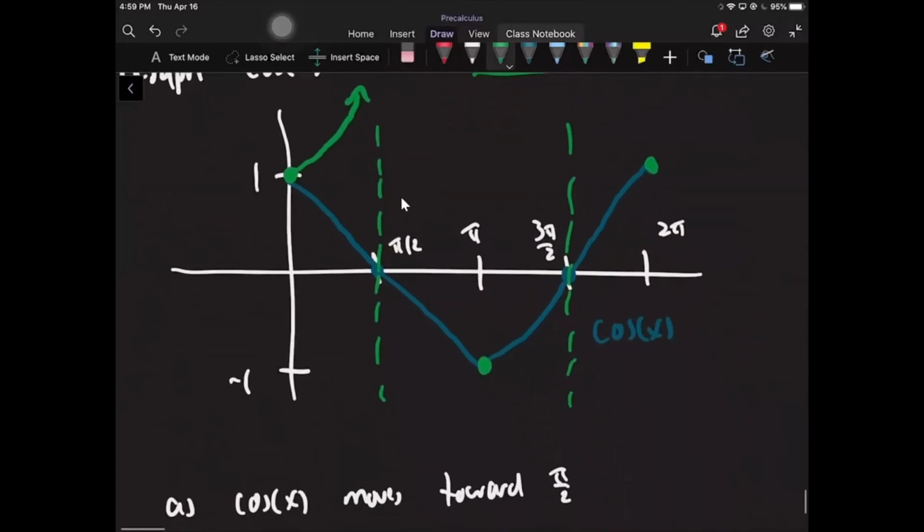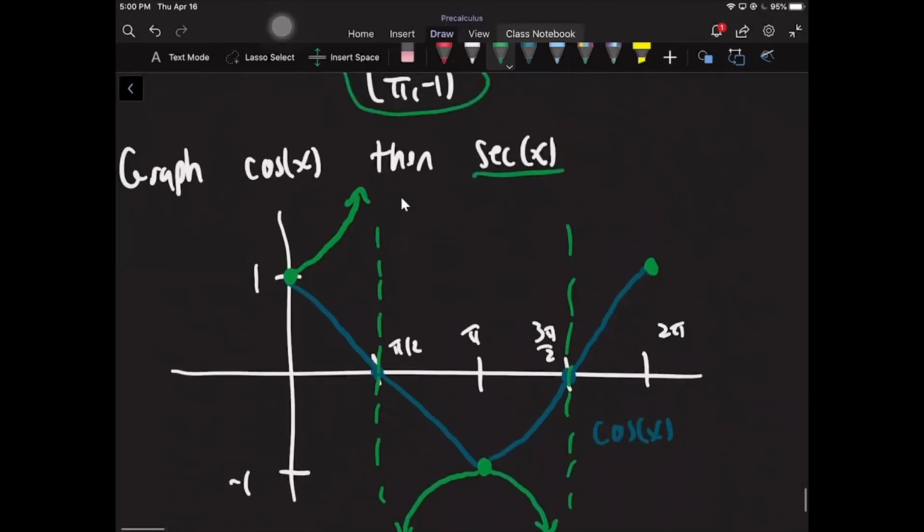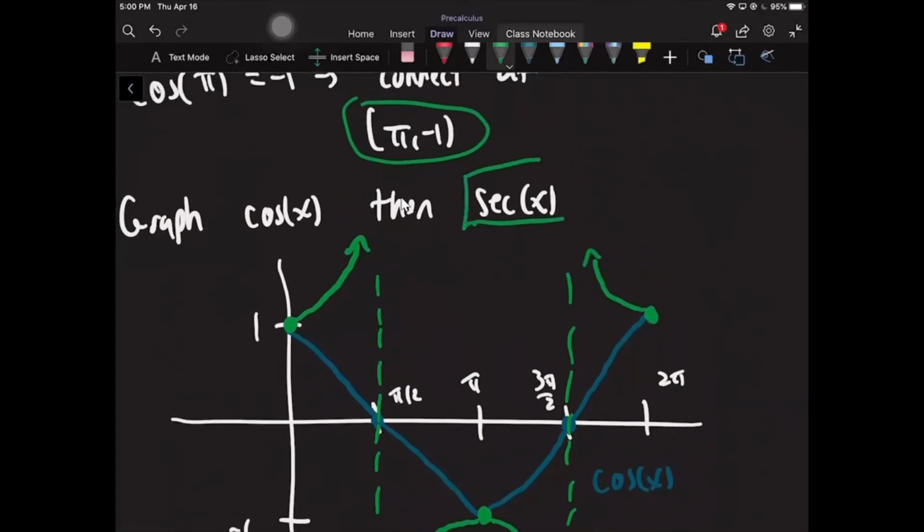And the same logic will tell us that over here, as the graph goes towards the asymptote, it's going to get very, very big again because cosine is shrinking towards 0, but from the negative direction. So it's going to get very big in a negative way. It's going to go down to negative infinity. And then same thing here. And on this side, it'll just be the same as it was on the left. So the graph of secant is the green part.